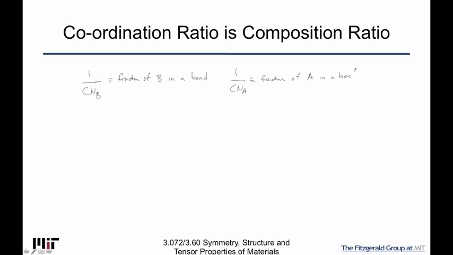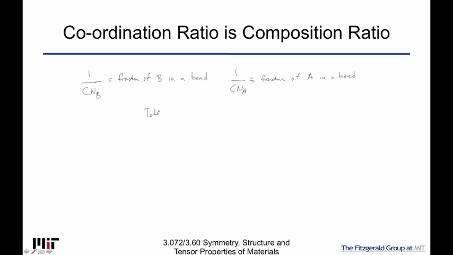And since all bonds are representing the composition of the solid, because each bond, on average, these are averages, right? Then you end up with the total. So these fractions may not be whole numbers, so we have to normalize.